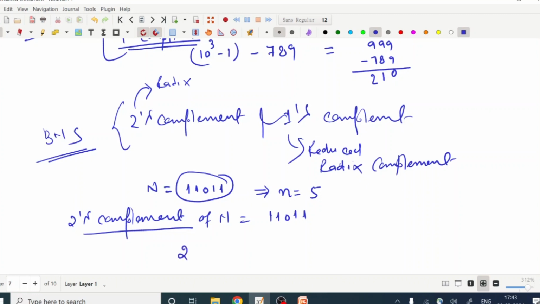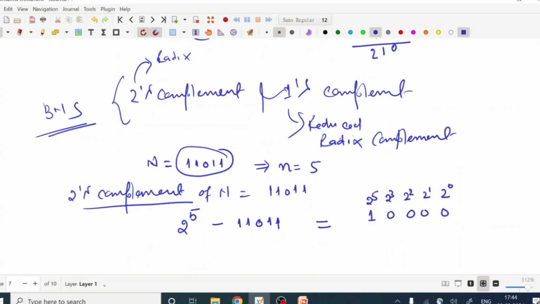Because here r is equal to 2, r to the power n means 2 to the power 5, minus 11011. 2 to the power 5 is 1 followed by zeros, with five digits after it, and the number is 1 1 0 1 1.